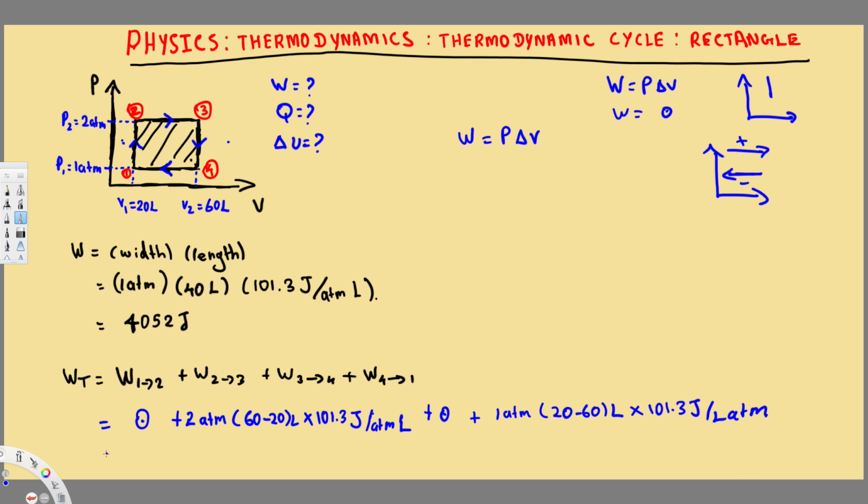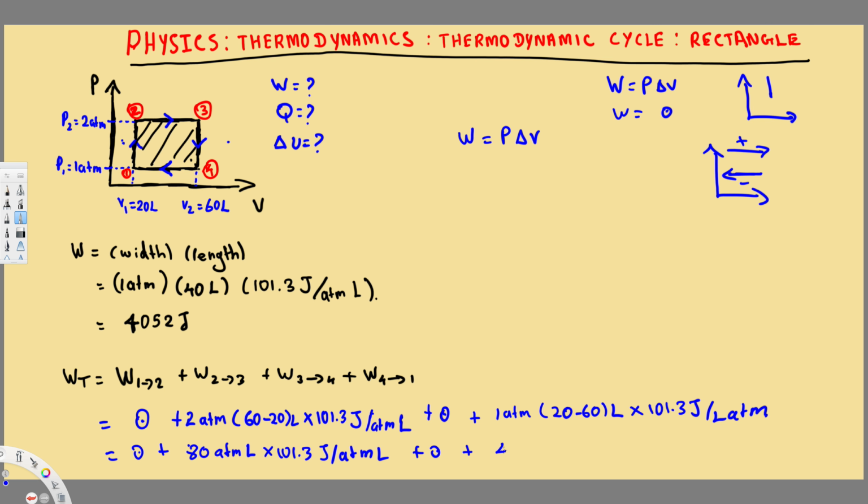Let's do the calculation. So here we're going to get 0. Let's do the atm liter part first. So this is going to be 40 times 2, 80 atm liter. 80 atm liter times 101.3 joules per atm liter plus 0 plus here you get 1 times 40.